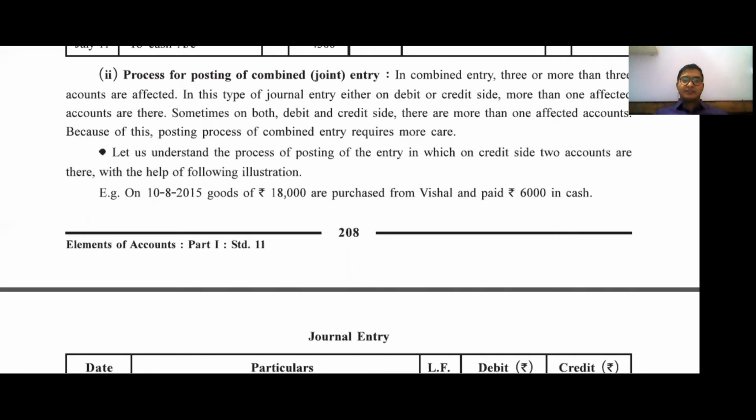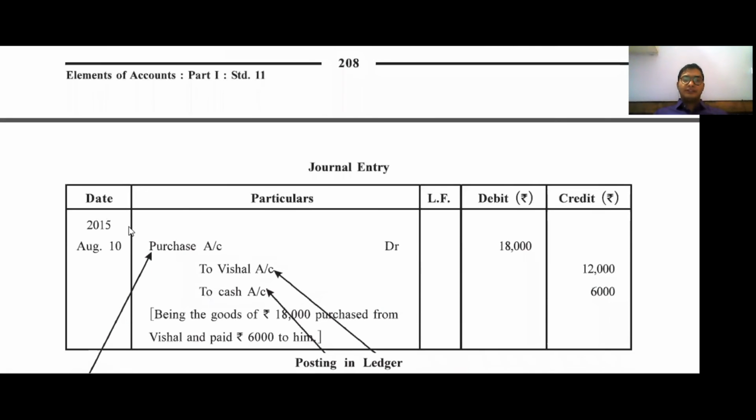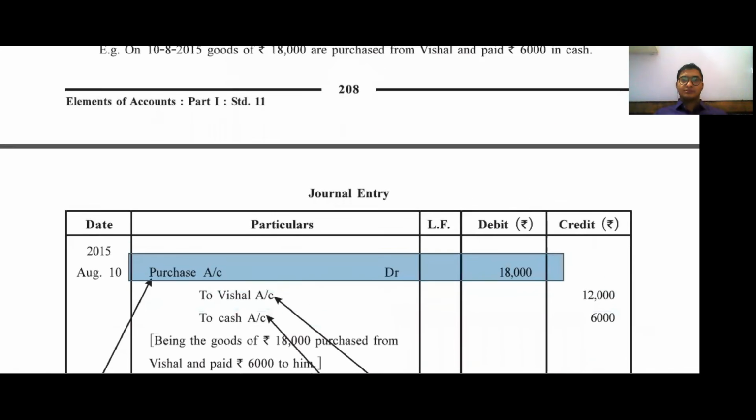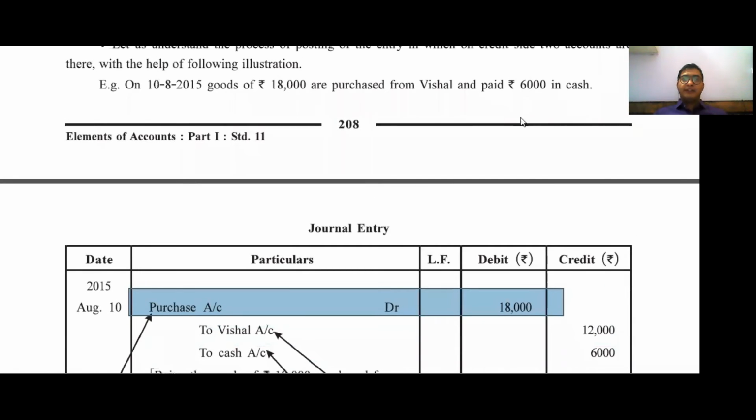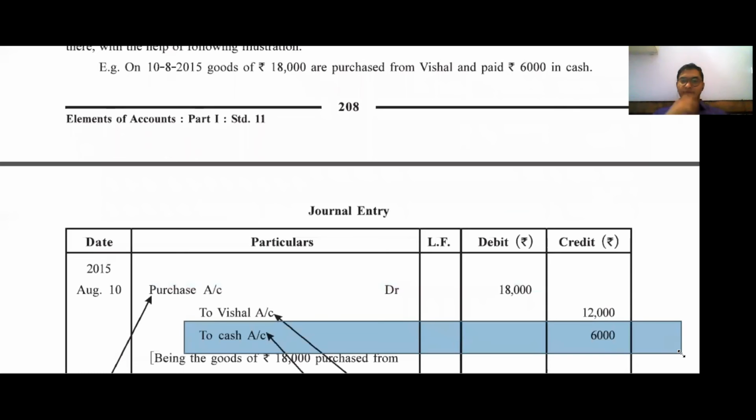In this transaction, first of all we purchase the goods, purchase account debit for 18,000. We paid 6,000 in cash, cash account credit 6,000. Now, out of 18,000, we paid 6,000 only.